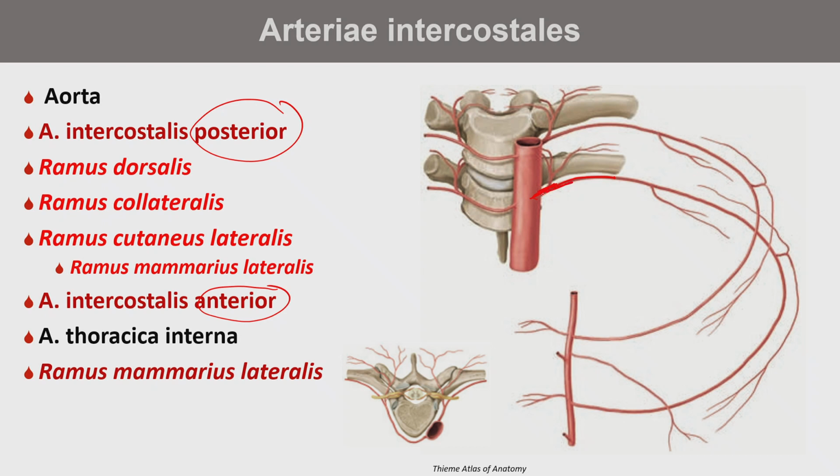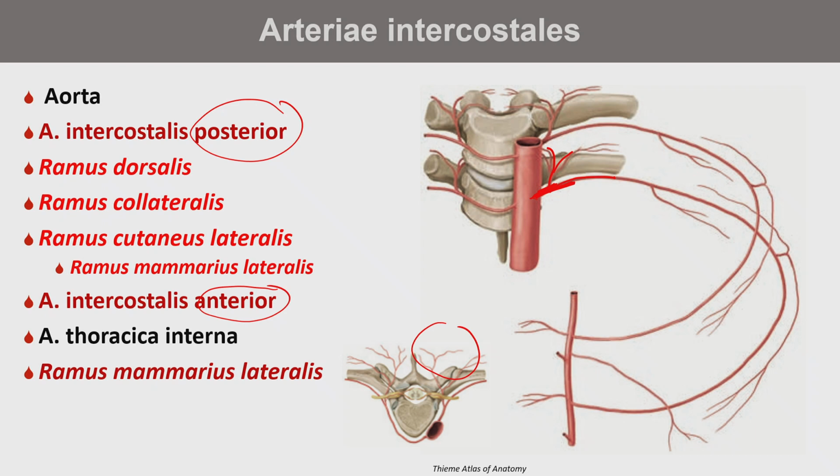The intercostal artery has a dorsal branch, and the dorsal branch typically is supplying dorsal tissues, the muscles of the spine, the own intrinsic muscles which are moving the vertebral column.